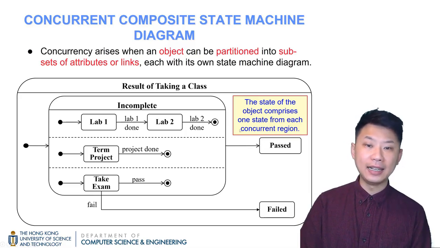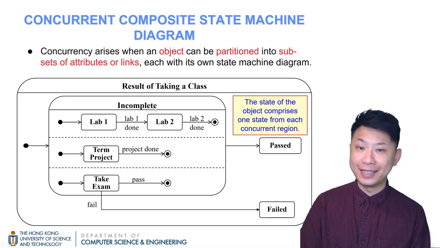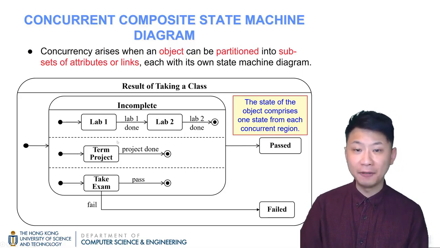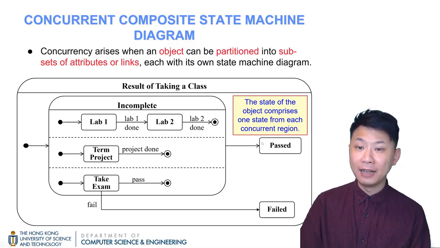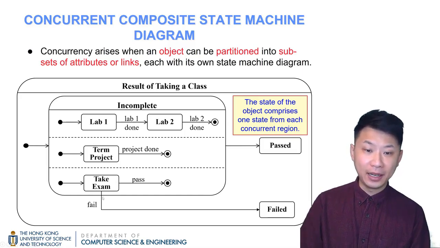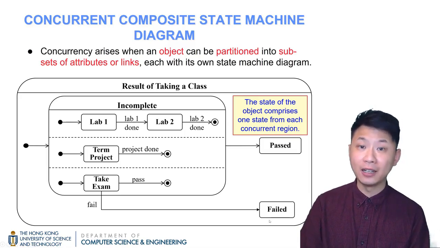Let's say while you're in this incomplete state, you have to complete all the labs, do the term project, and also take the exam. You have to get all these things done before you can go into the passed state. Otherwise, if you cannot get some of them done, then you will fail the course. And this is what we mean by concurrent composite state machine diagram.